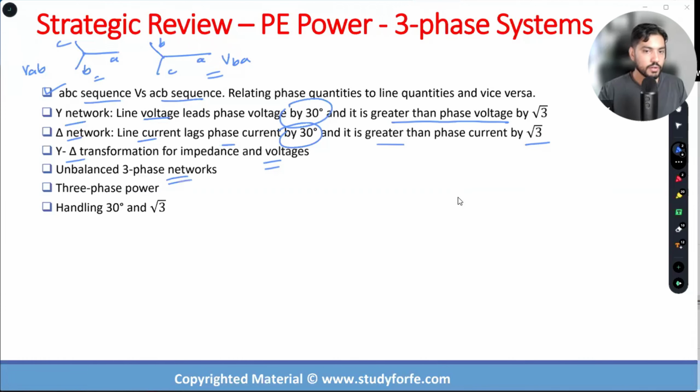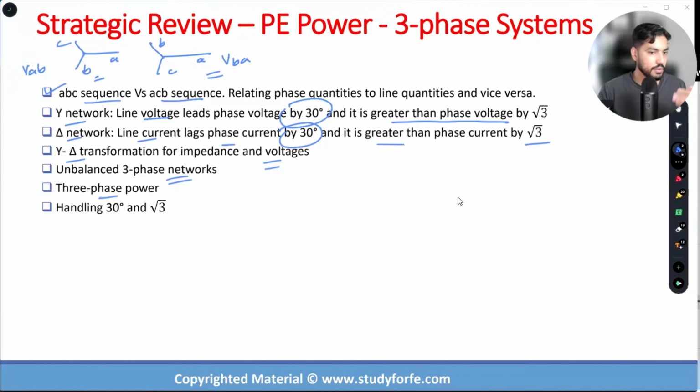Unbalanced three-phase networks, we deal with them actually as symmetrical components. In the NCEES Power Reference Handbook, you're going to see a couple of problems where you have scenarios which are basically unbalanced, but on a line-to-line basis, you can still make use of the calculations and the equations properly, but you just need to be a little bit extra careful, okay?